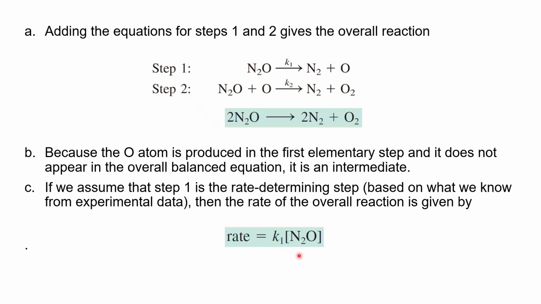Therefore, this is the one that aligns with what we have learned from our experimental data. And that is really the name of the game for these reaction mechanisms, elementary steps, and development of a consistent rate law.